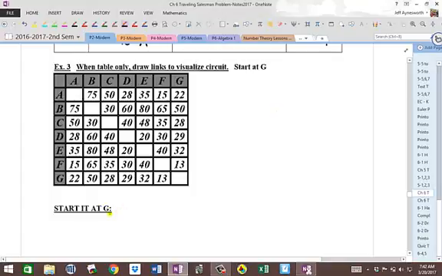The way I usually do this is I plot the vertices first, in any order. So A is up here, B up here, C, D, E, and F. It doesn't matter where you place them, and then G right here, let's say.